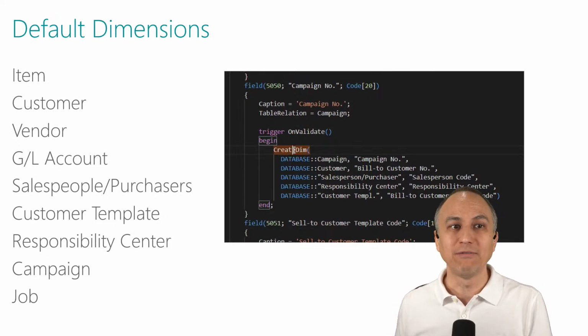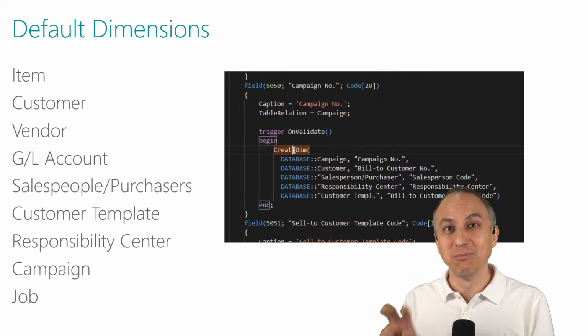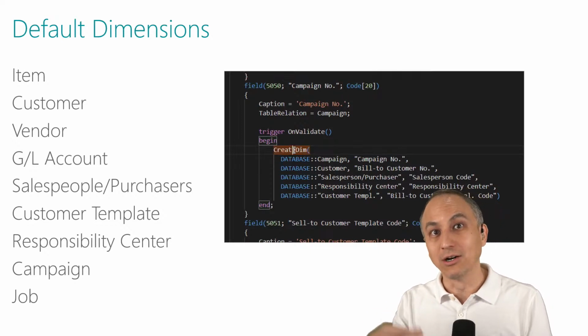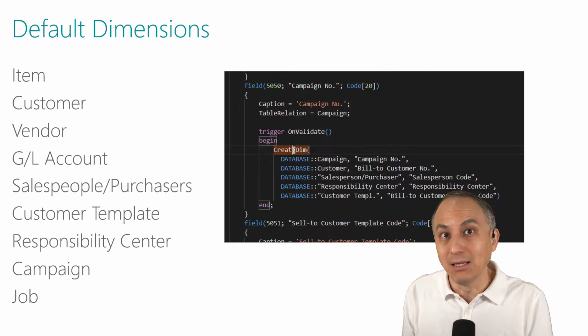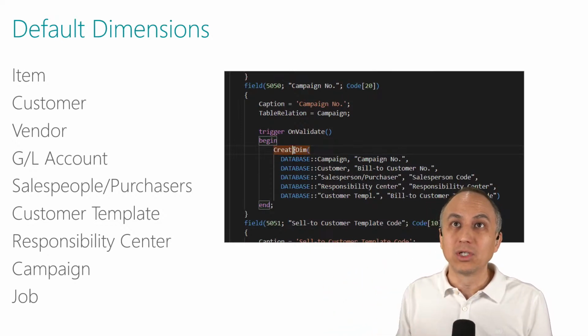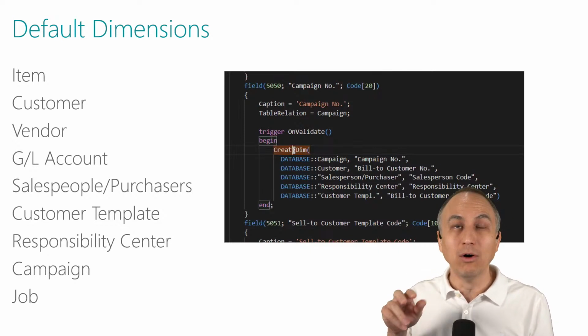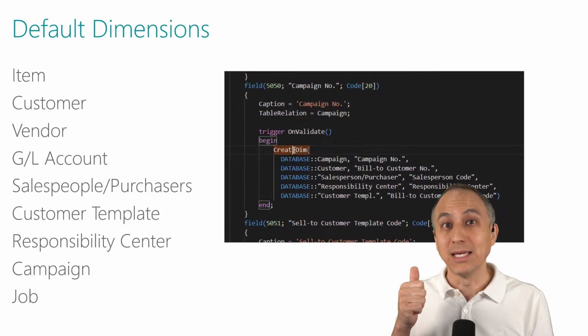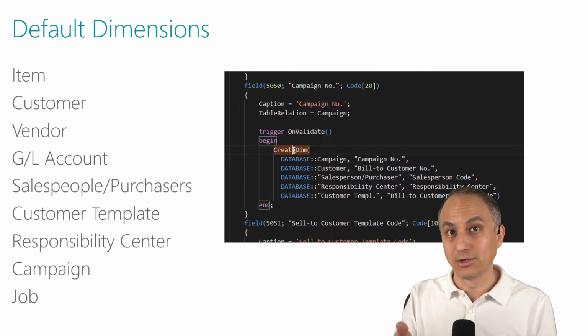After some research, I found that those two dimensions, and obviously there could be many more dimensions, up to 8 by default, but I'll just stick with those two for this example or discussion, can actually default from the item, from the customer on a sales transaction.